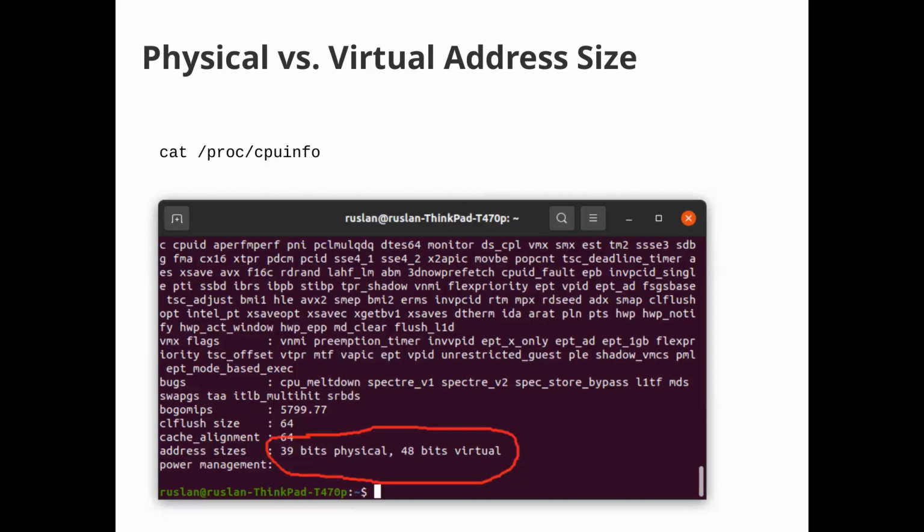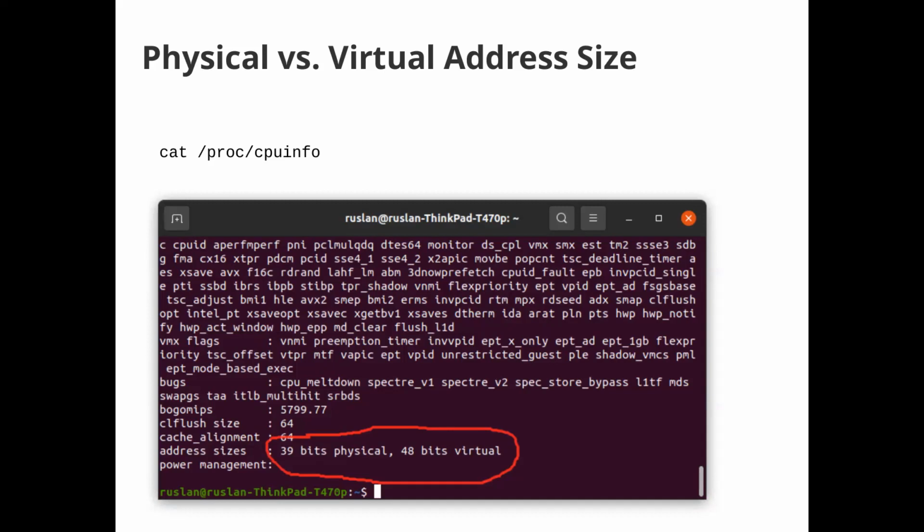Okay, so one thing that we can also do is run cat /proc/cpuinfo. If you do that, you will find that, for example, in my computer, it says 39 bits physical. Remember, 52 bits at most you can have, but in practice it can be less than 52 bits.